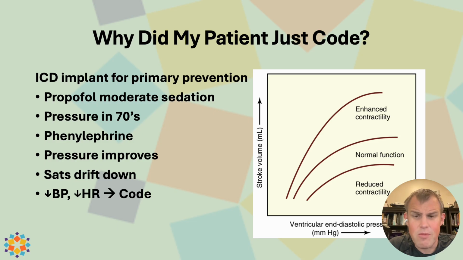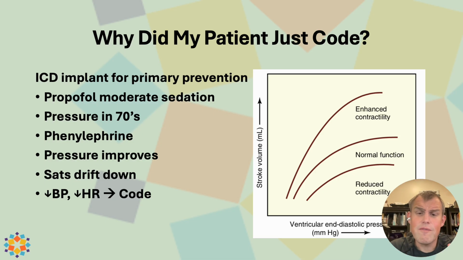The idea is that in a normal, healthy heart, as you increase your preload, so as your heart gets more and more full, as the heart gets stretched, it's able to squeeze harder to get the blood out. That's really nice. The heart dynamically adjusts to the preload coming in.